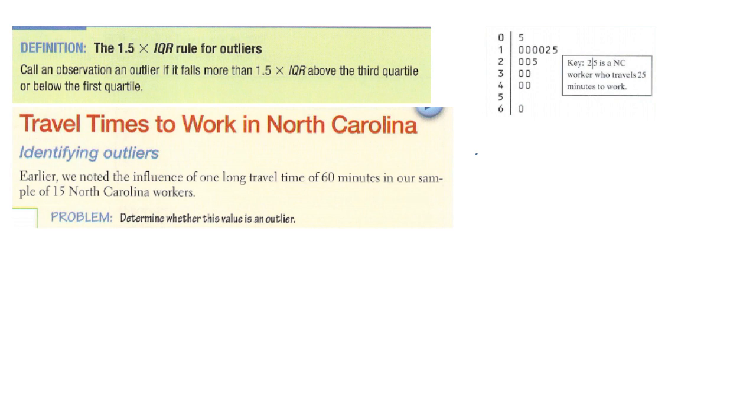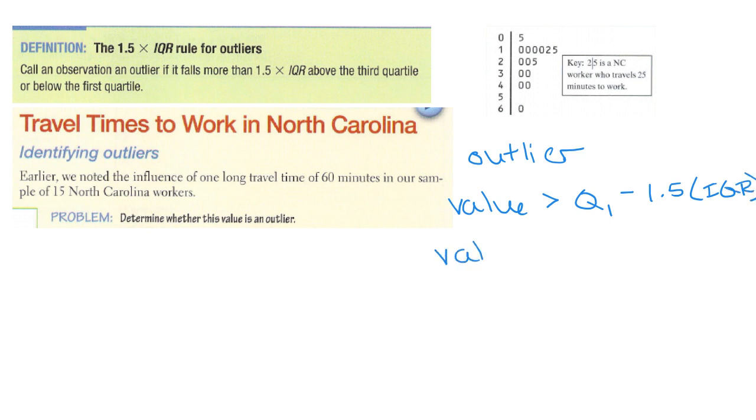So anything that would be an outlier is going to have a value less than whatever your Q1 is minus 1.5 times your IQR, or a value greater than Q3 plus 1.5 times your IQR.